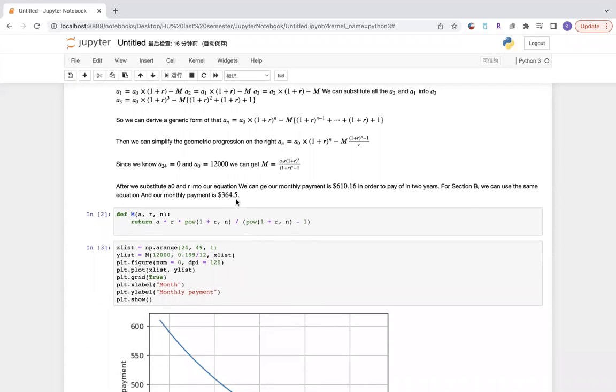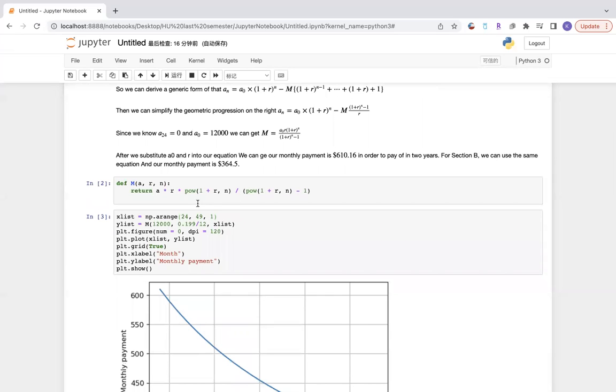Then we substitute A0 and the interest rate into our equation, and we get a monthly payment of $610.16 if we want to pay off in 2 years. And if we want to pay off in 4 years, the amount is $364.5.